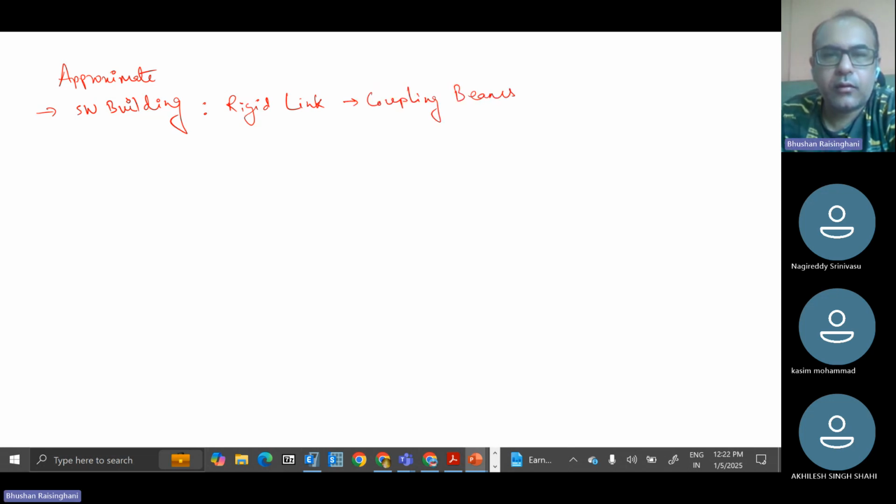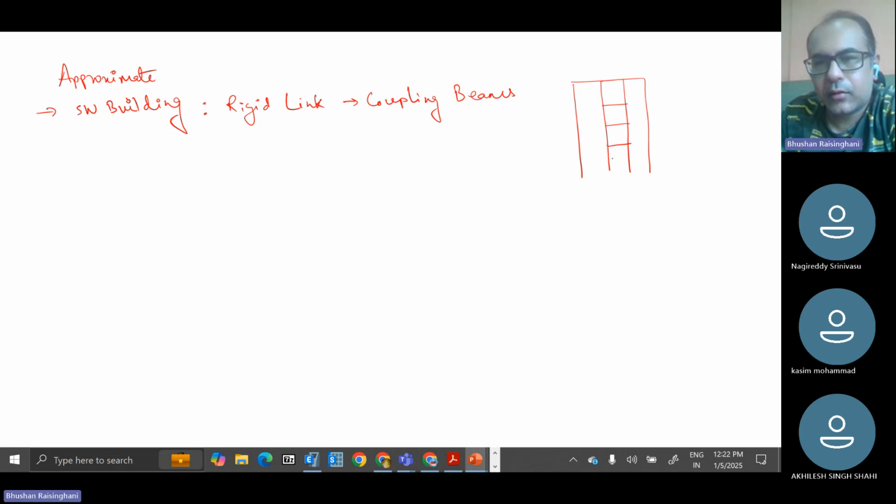So when the software was not advanced, how were the problems solved for a coupled shear wall? These are two shear walls, and these are the coupling beams connected to them. So this much part was considered to be rigid, and that way it was analyzed. So we'll also see that method.